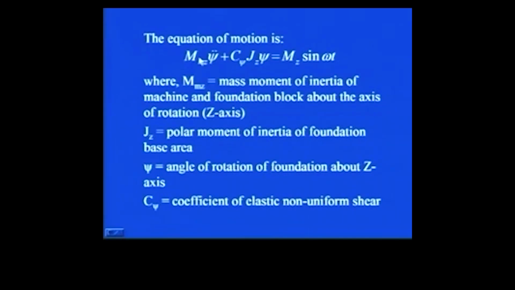So when you take the moment equilibrium equation, that results in Mmz psi double dot plus C psi Jz psi is equal to Mz sin omega t, where Mmz is the mass moment of inertia of machine and foundation block about the axis of rotation, which is the z axis in this case. Jz is the polar moment of inertia of the foundation base area, psi is the angle of rotation of the foundation about the z axis, and C psi, you know, is the coefficient of elastic non-uniform shear. So this becomes the equation of motion.